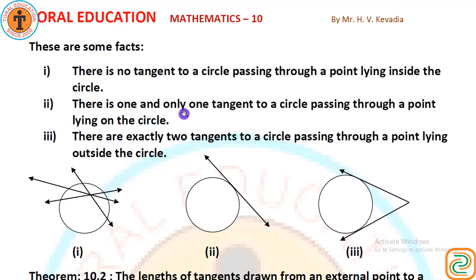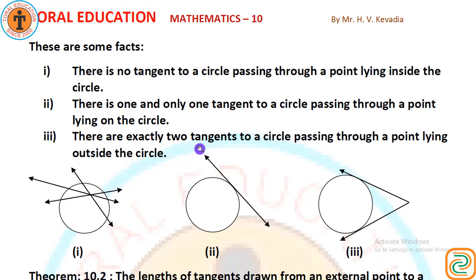There is one and only one tangent to a circle passing through a point lying on the circle. If a point lies on the circle, we can draw only one tangent through this point, and this point is known as the point of contact.